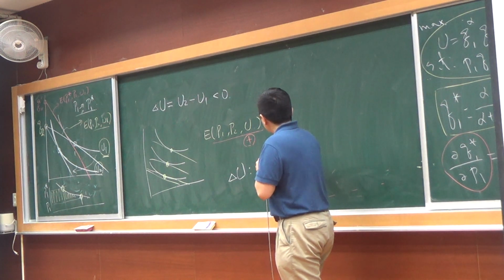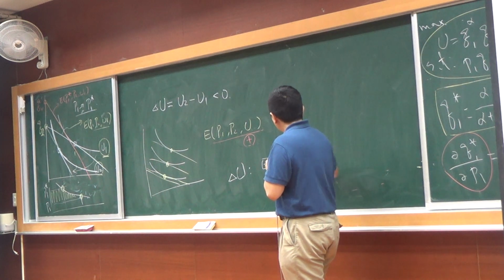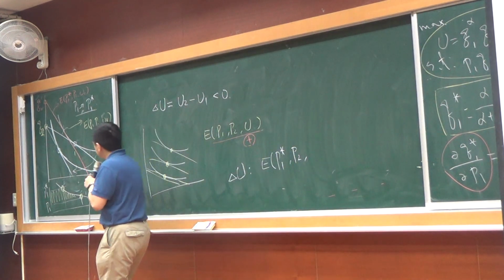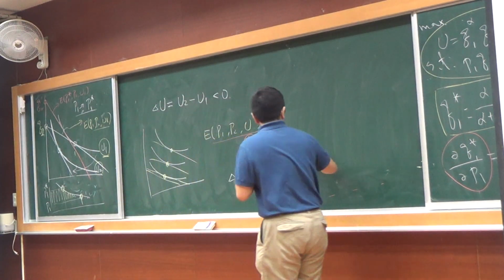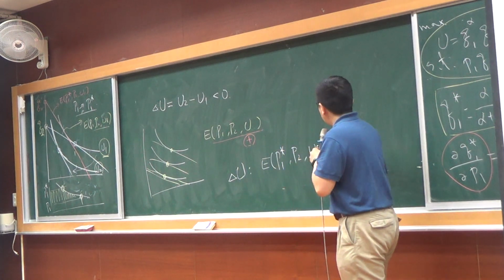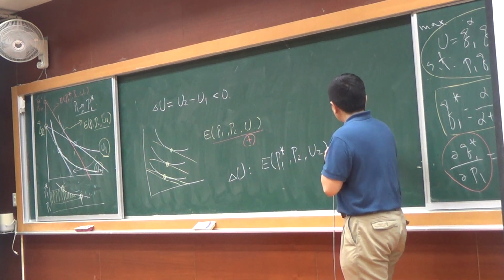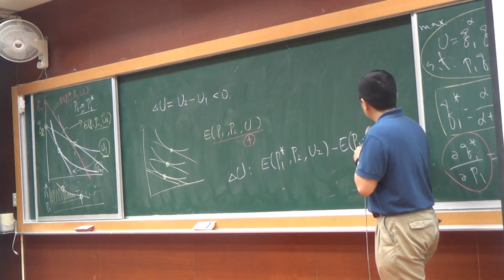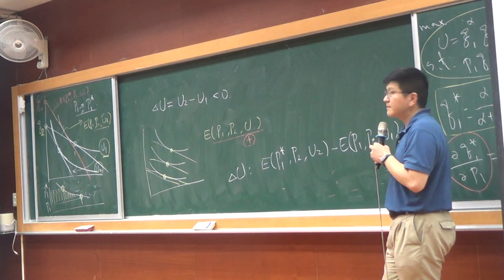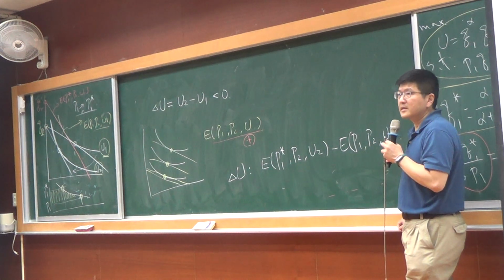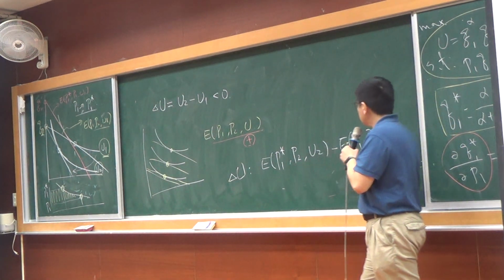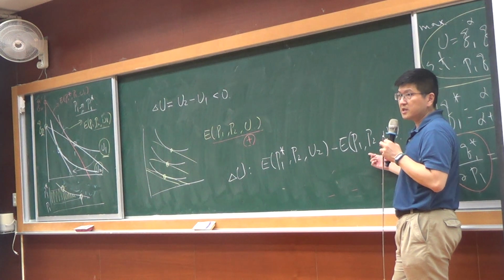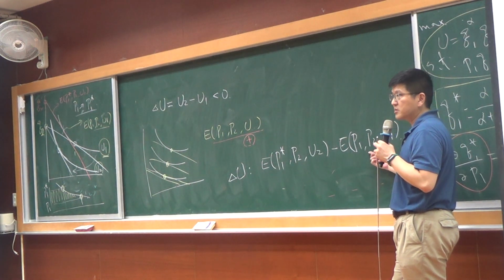Now E(P1 star, P2, U2), the new utility, minus the original one, E(P1, P2, U1). The new utility, the original utility, okay?